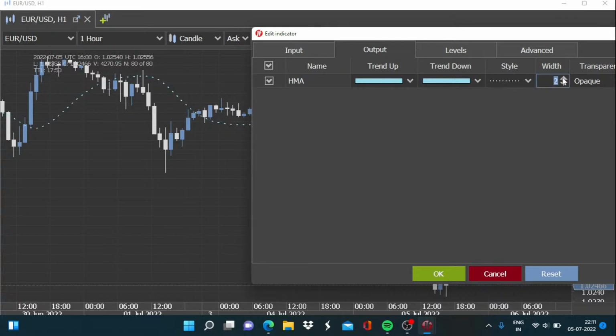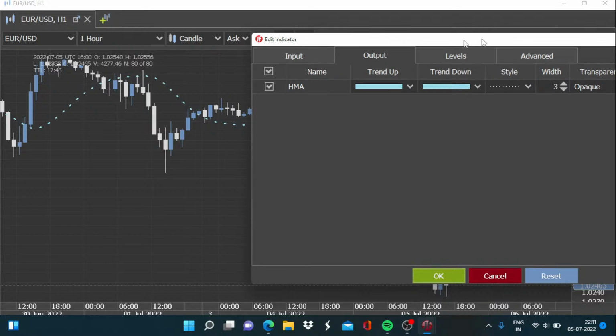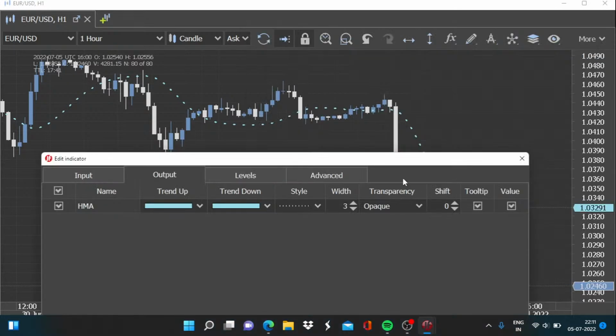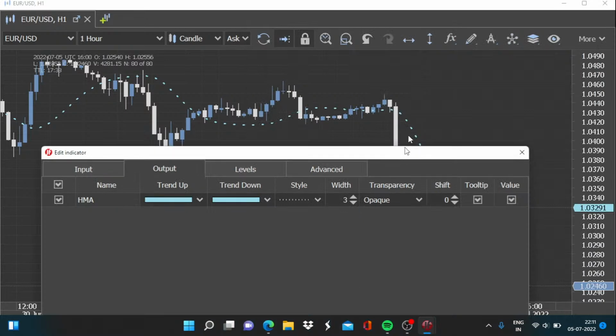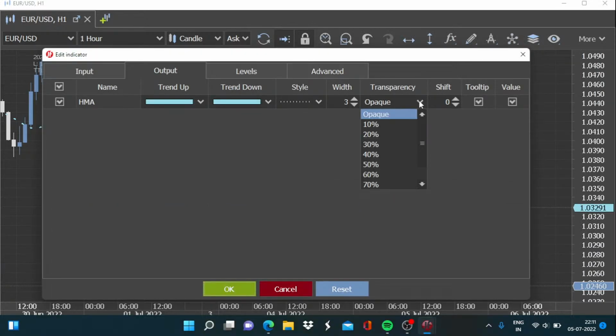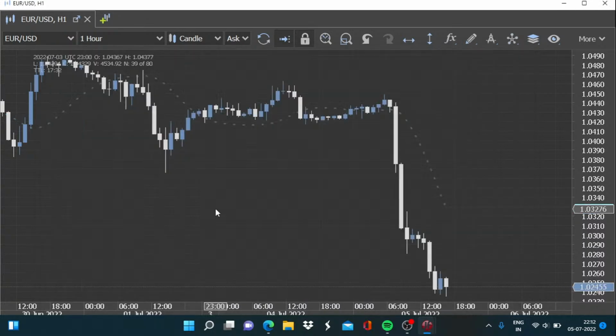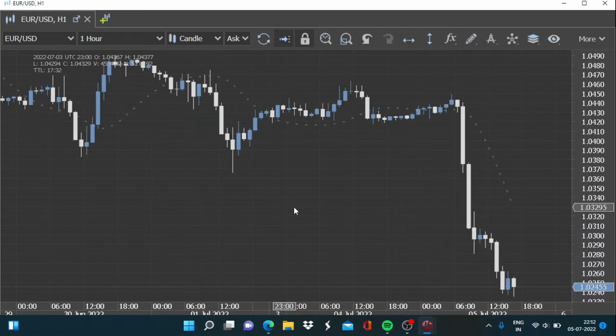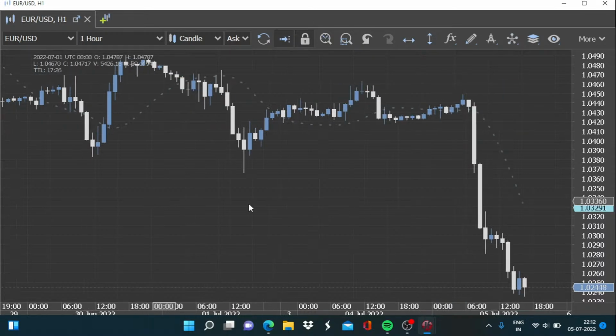Then you can work around these opaque transparency options. Suppose if you want to decrease the transparency, so here we have the HMA of 50 plotted, and it is quite easy on the eyes.